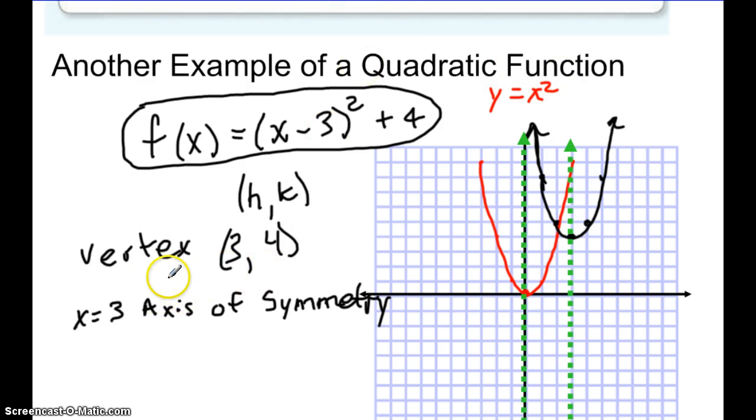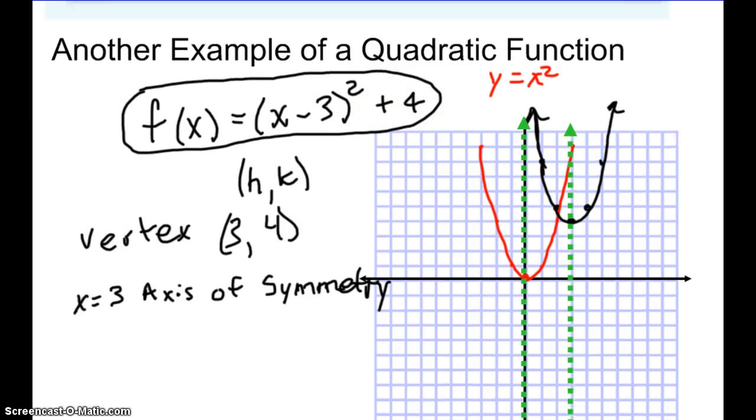And then from there, I moved the vertex of 0, 0 over 3 to the right and up 4. Over 3, up 4. I also moved the axis of symmetry over 3 units, very similar to this value here for h. Again, this is h, this is k. Always take the opposite of what you think h is, and k is what it is.